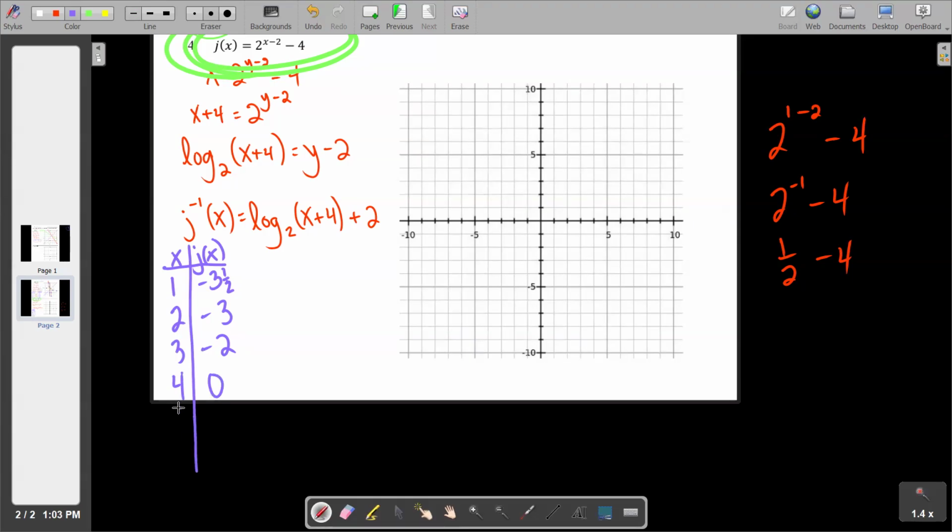Let's do 5. 5 minus 2, 2 to the 3, 8 minus 4. And let's try one more. Let's press our luck. Put in 6 for x. What's 6 minus 2? What's 2 to the 4? 16 minus 4, or 12. I'm going to go with 12. You do 10 if you want. I'm going to do 12. Might work either way.